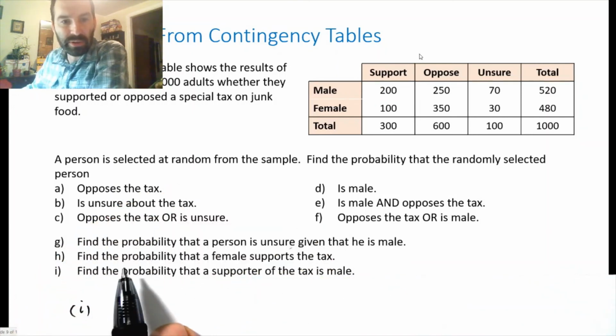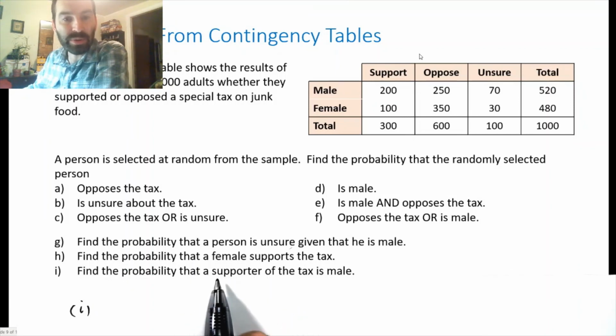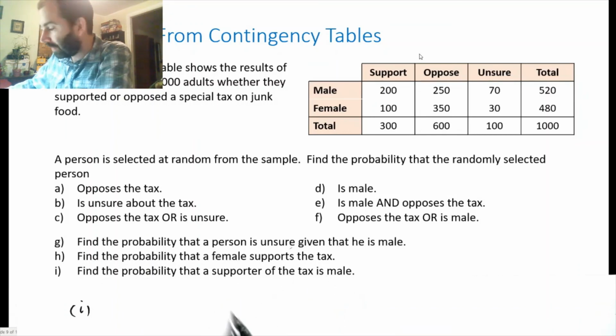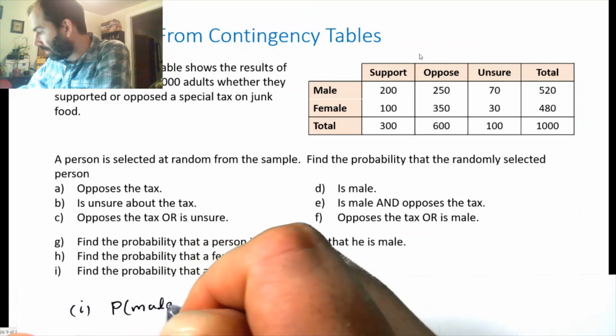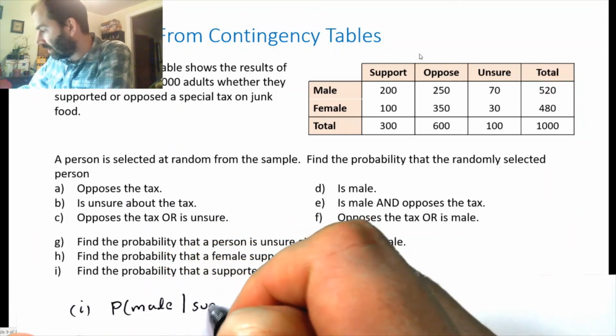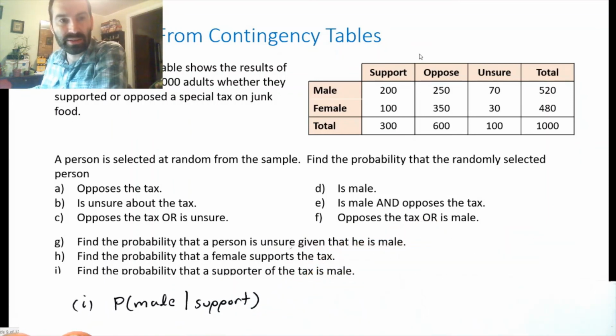Did you see what's given? Well, we know that it's a supporter. That's what's given. That a supporter is male, right? So we're looking at the probability of it being a male, given that he supports the tax, right?